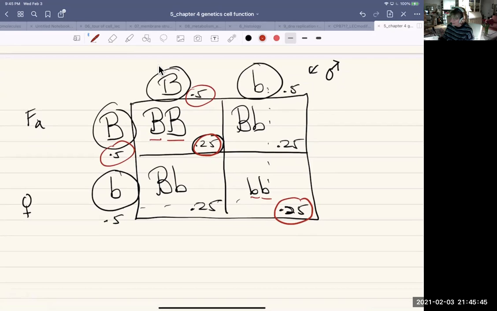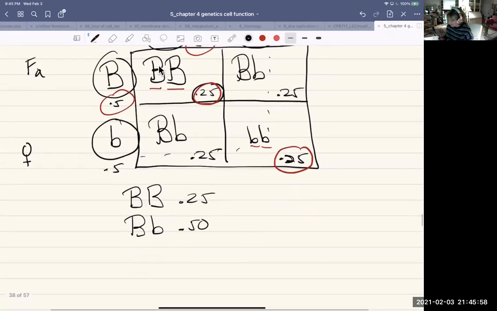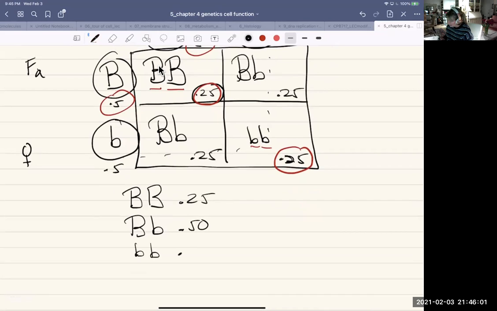So then in the end, you have BB 0.25, big B, little b 0.50, and little b 0.25. And so the ratio is 25, 50, 25. You can write it like that.